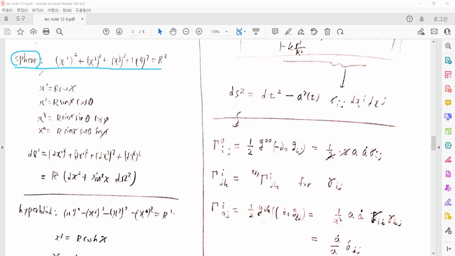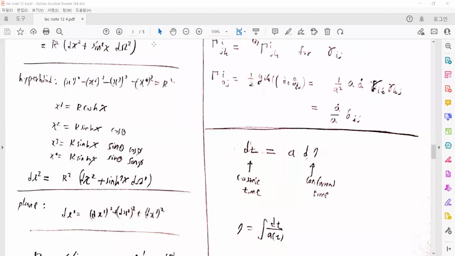And we can parameterize such a sphere in terms of sines and cosines, the same as with circles and the two-sphere. And we can write the three-dimensional space interval of this sphere like that, in terms of the angle chi and the solid angle Omega.